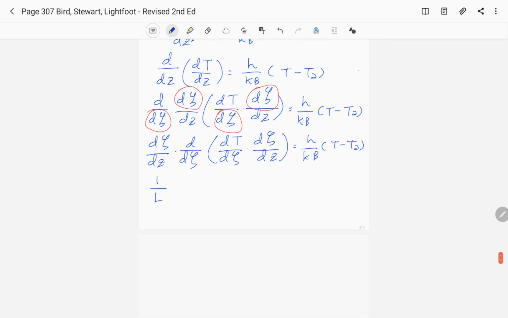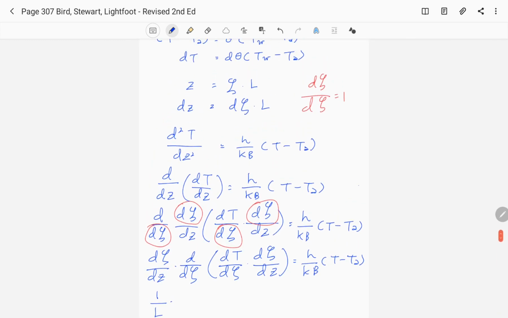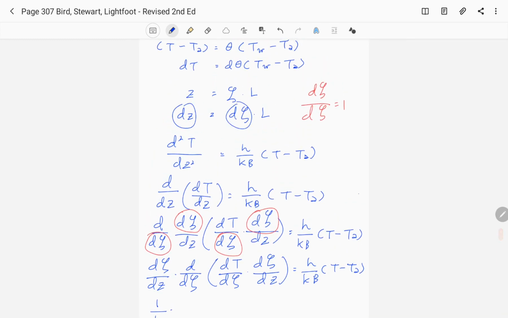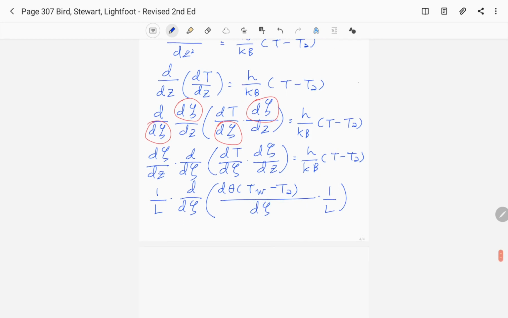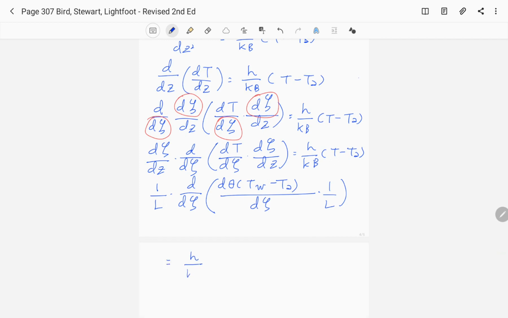Then what I put in here is 1 over L, because as you can see in here this and then this, so this one divided by this will be equal to 1 over L, right? Then d over this d phi, TW minus TA divided by this, multiplied by 1 over L. That should be equal to H divided by KB, TW minus TA.